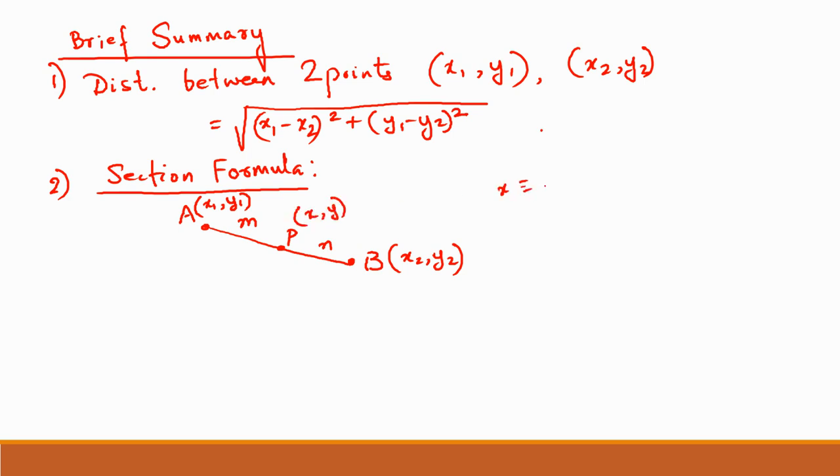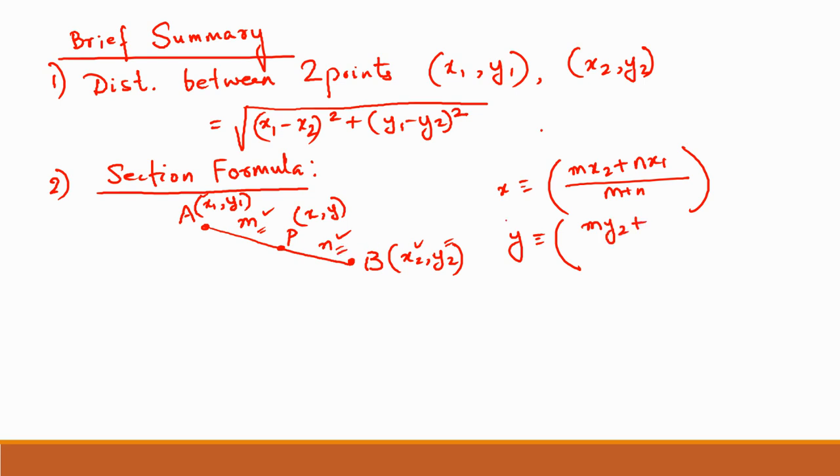Then x will be m times x2 plus n times x1 divided by m plus n. And y will be, similar pattern, m times y2 plus n times y1 divided by m plus n. This will be the coordinates x and y.